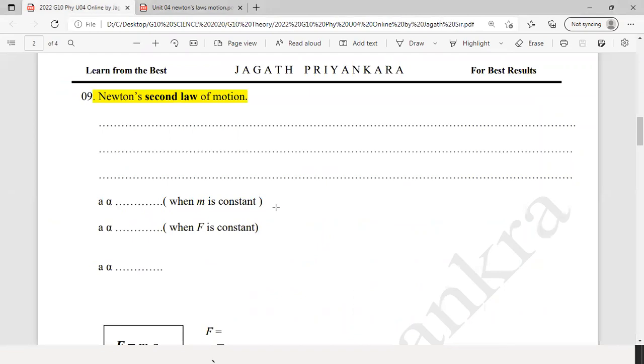Okay, we'll write Newton's second law now. You all got it, right? Not just to memorize the definition, you should know what is the meaning of that definition. Write Newton's second law.